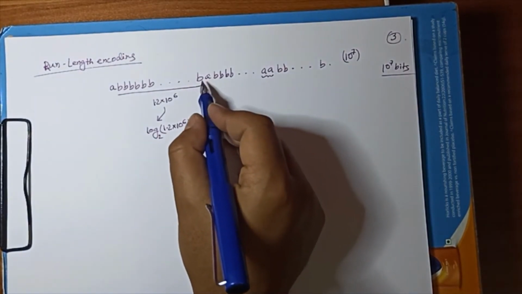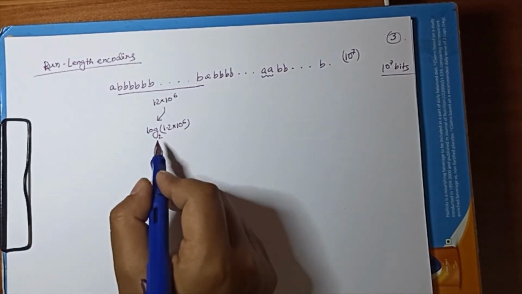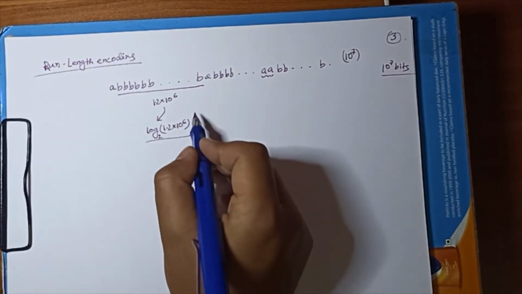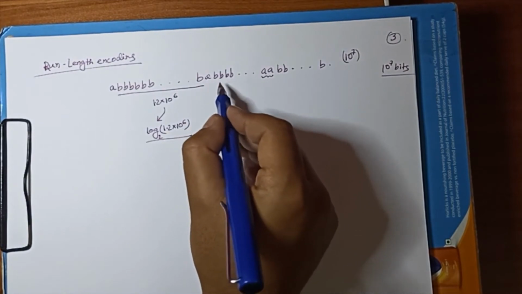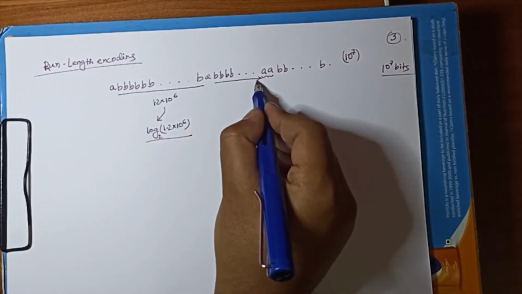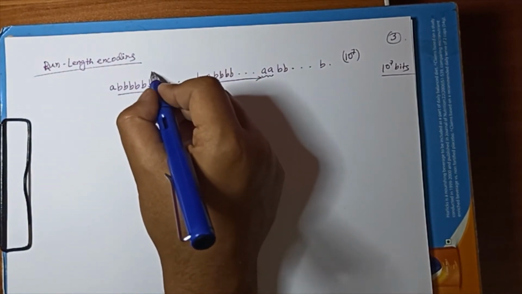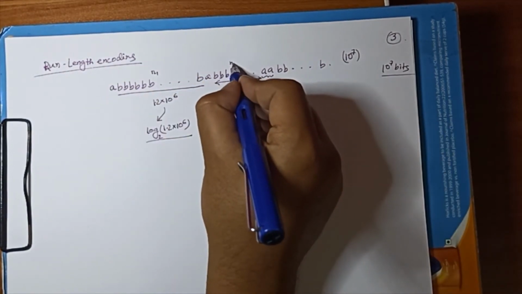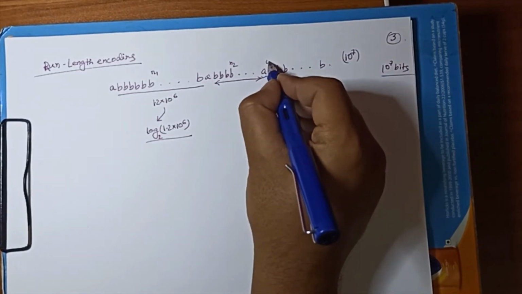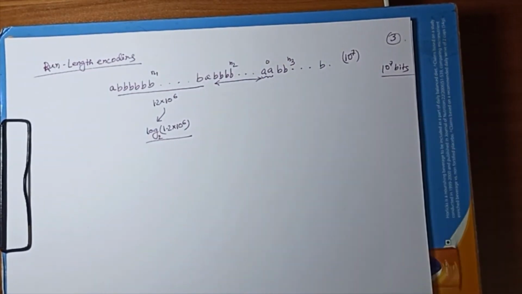Then again A appears. So you encode this, then A appears, then the next sequence of B again happens. You encode that number. So suppose this B sequence is number n1, n2, here say 0, here say n3, etc. So what you encode?